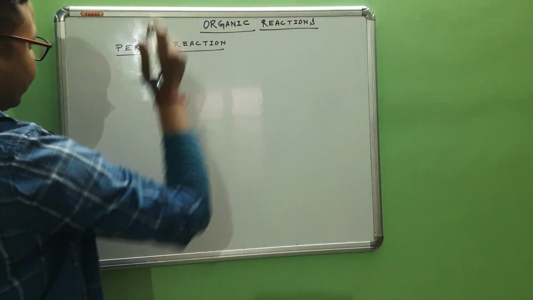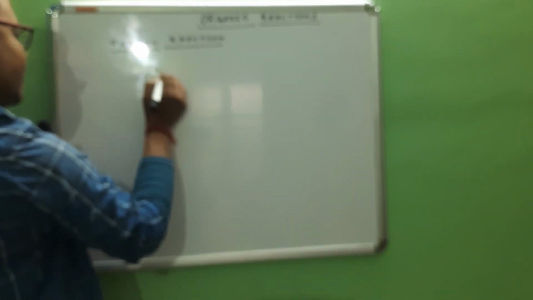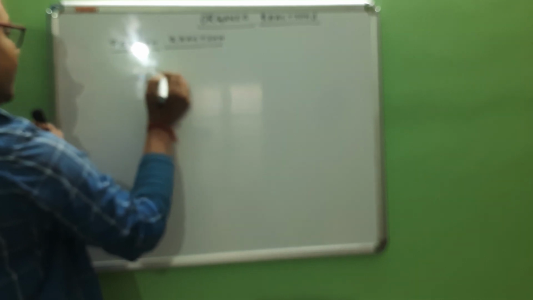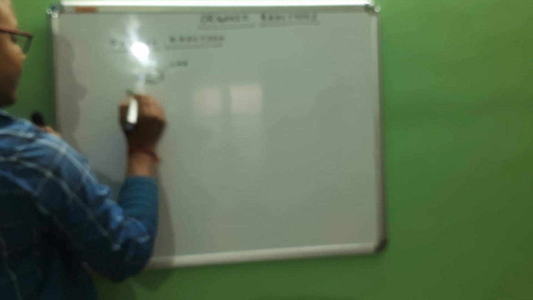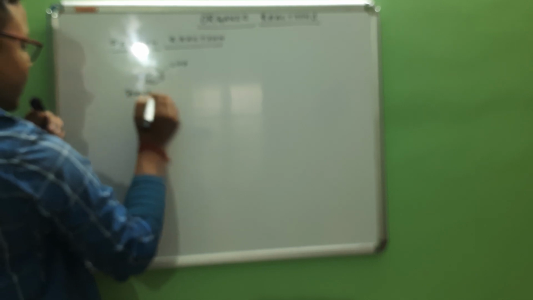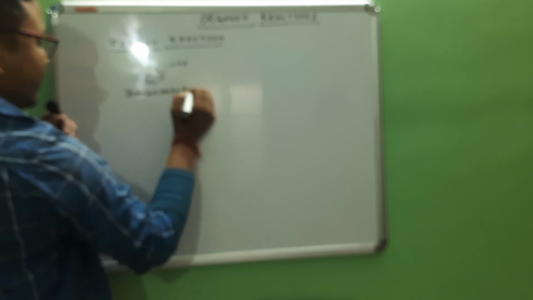Let's have a general scheme of the Perkin reaction. This is benzaldehyde.